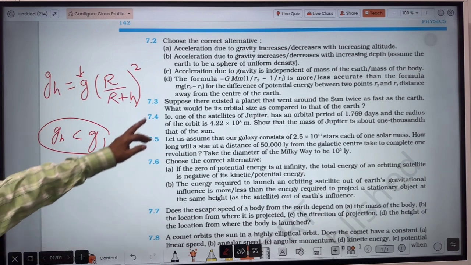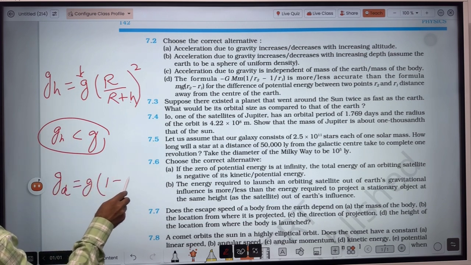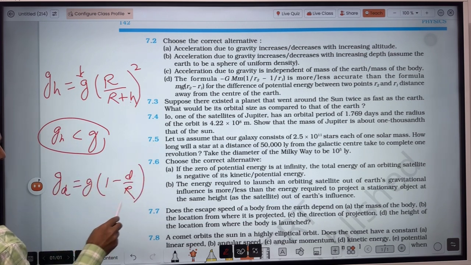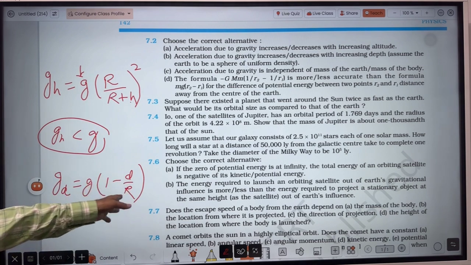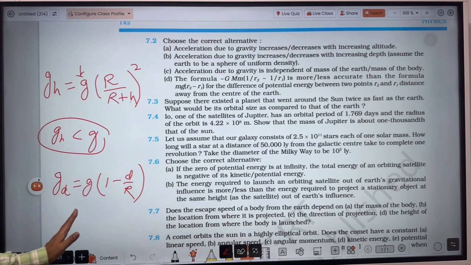Now, acceleration due to gravity increases or decreases with decreasing depth? g at depth d is given by g times 1 minus d upon R. Here again, when you put some value of depth, overall value will decrease. So you can say gd will be less than g.